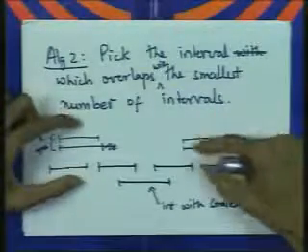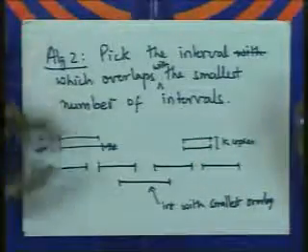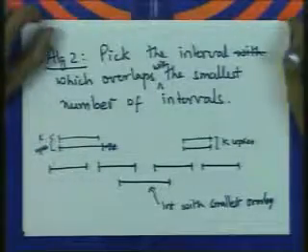I pick any one, it really doesn't matter. All of them have the same degree. So the size of the solution I construct is 3. The number of intervals I pick is 3: the first interval with the smallest overlap, and then 2 others.